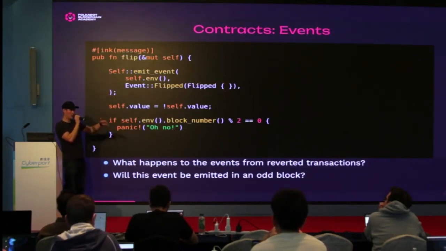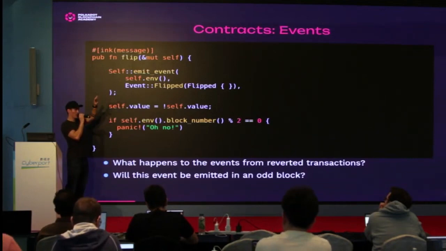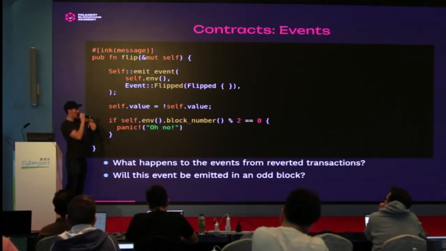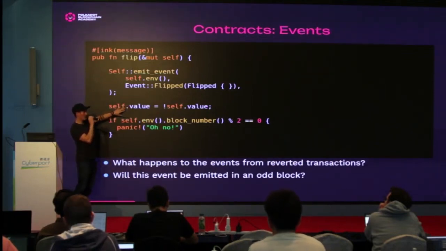And remember how blockchain works. Every validator out there is going to run every one of these transactions, instruction by instruction, block by block. So you cannot have a situation where one has a true before it emitted the event and the other has a false after it emitted the event.